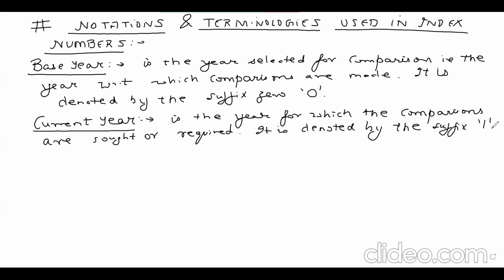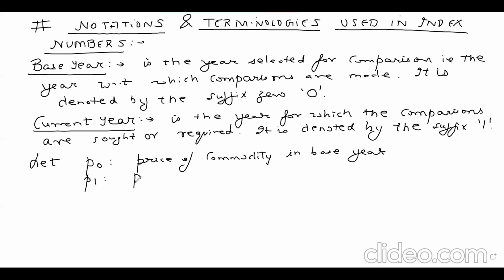And now the terminologies. Let P0 denote the price of the commodity in the base year. P1 denotes price of the commodity in the current year.